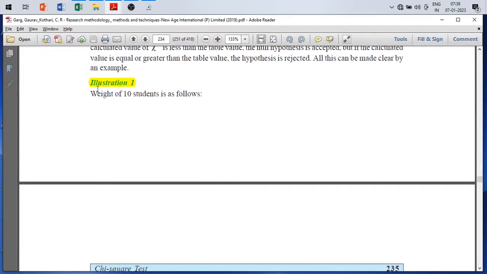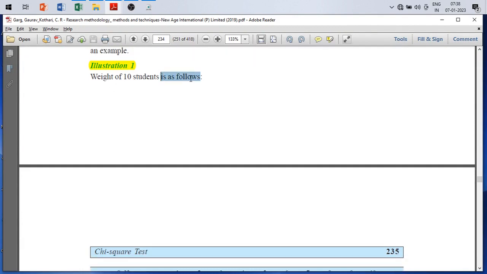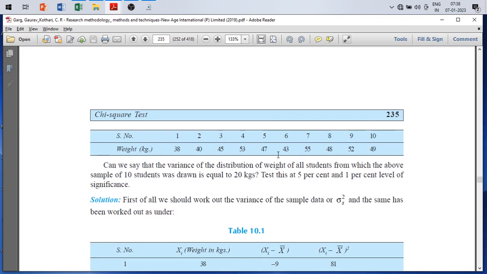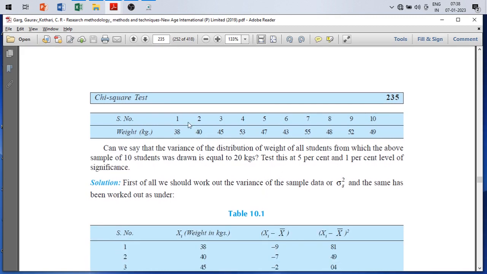Okay, see this illustration 1, this chapter 10. Okay, it says weight of 10 students is as follows. So the weight of 10 students are given here. So effectively we have a sample with sample size 10, and the question says, can we say that the variance of the distribution of weight of all students from which the above sample of 10 students was drawn is equal to 20 kilogram?